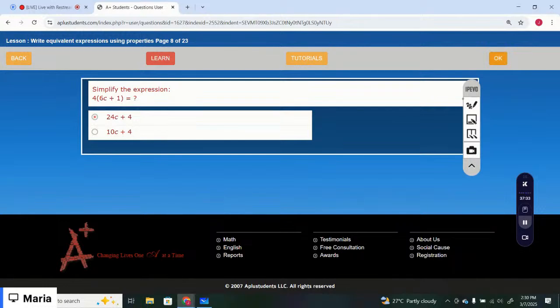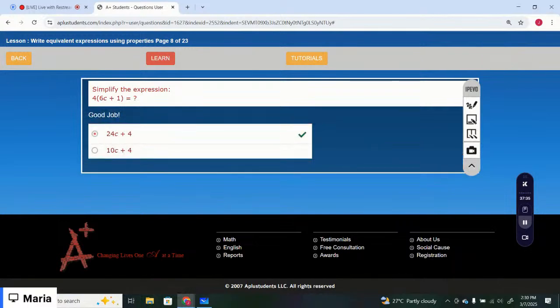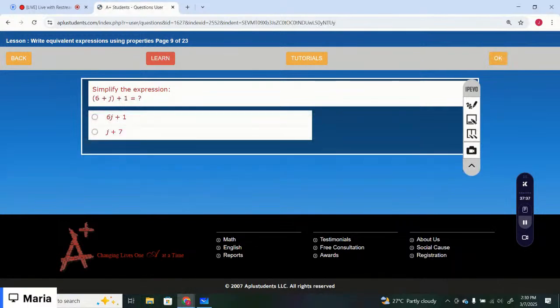Option number 1 is the correct option. 6 plus j plus 1.